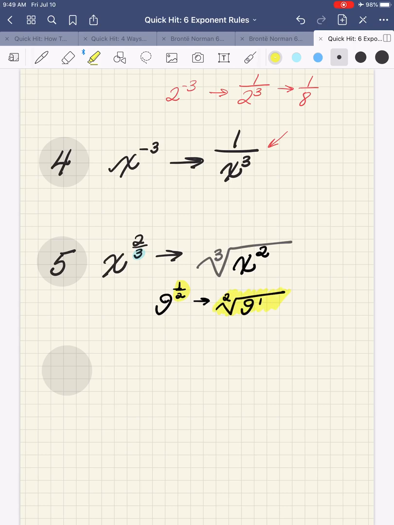So again, when I have a fractional exponent, I make sure that whatever is in the denominator of my fraction becomes which root I take, and whatever is in the numerator of the fraction follows with the base under the radical sign. Just one more example, because that's a little wacky. So let's say we had 7 to the 2/5 power. That would be equal to the 5th root of 7 squared.